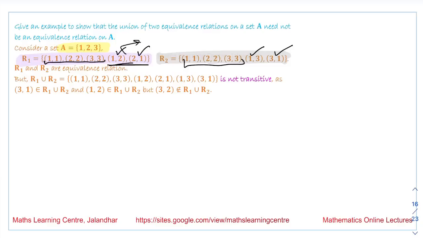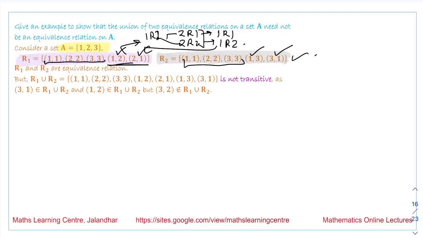Suppose I am talking about this case, we are saying 1 is related to 1 or 1 is related to 2 and 2 is related to 1 and 2 is related to 2. So these two will imply that 1 is related to 1, these two will imply that 1 is related to 2 and both of these elements are there. Similarly, we can check for all other pairs and we obtain that both these relations are equivalence relations.